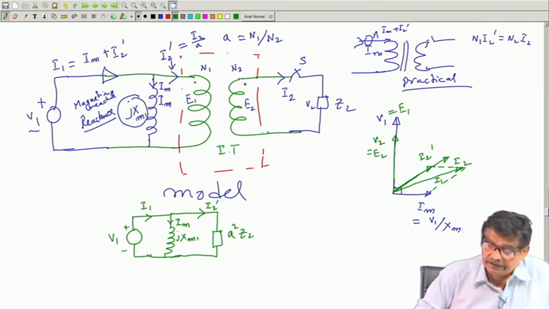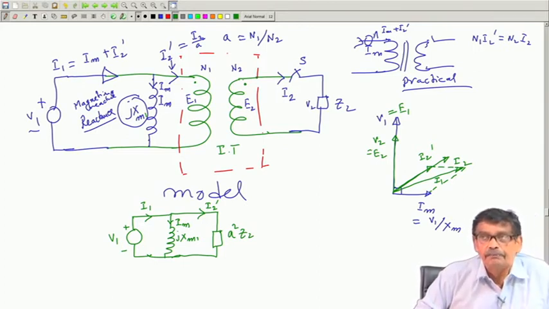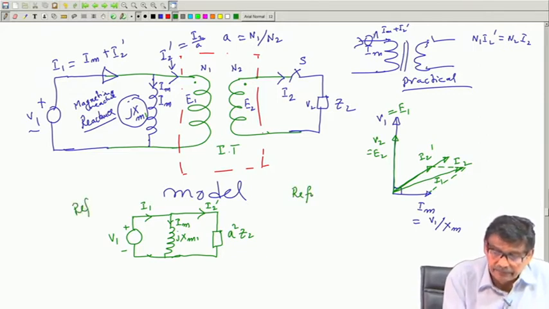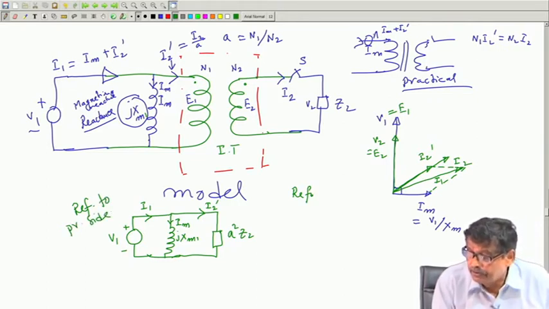So, this is the equivalent circuit referred to the primary side. What will be the equivalent circuit referred to the secondary side, referred to the load side?